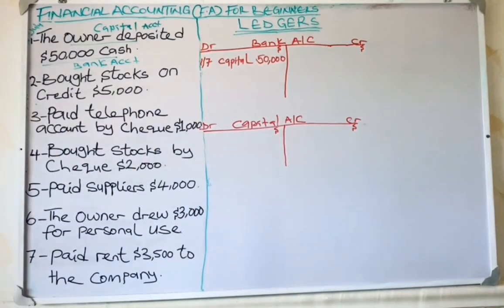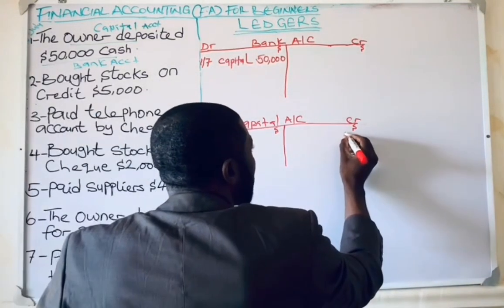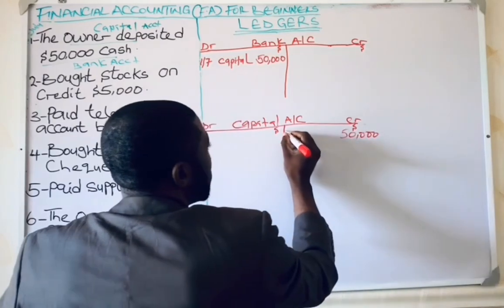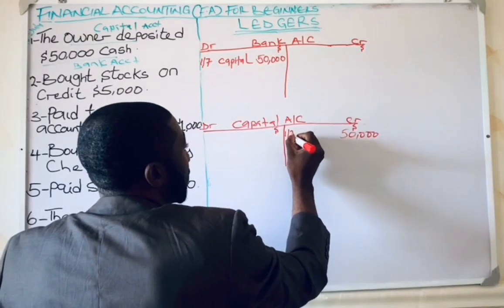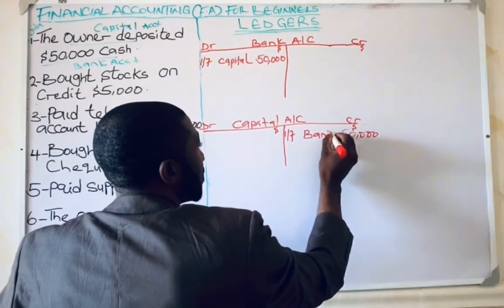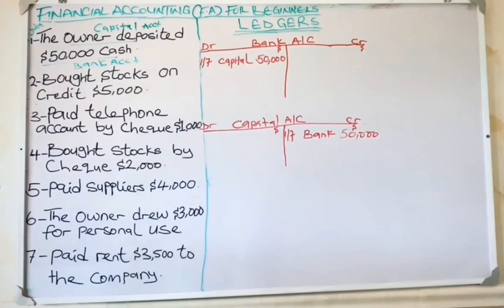Now our capital has a credit balance, which capital always is. So we are giving out $50,000 on the 1st of July to the bank. Very simple as that, to the bank.